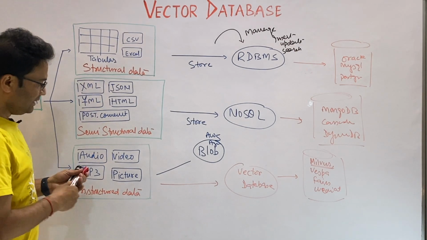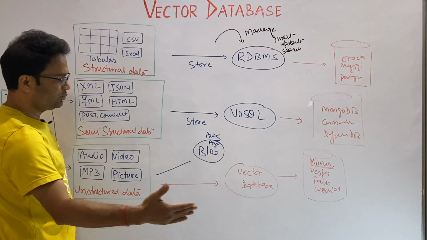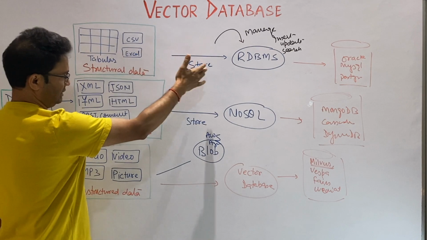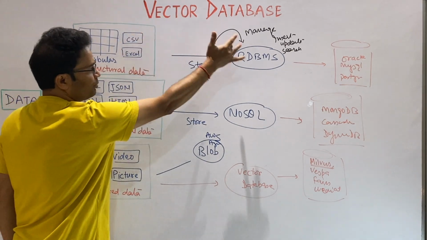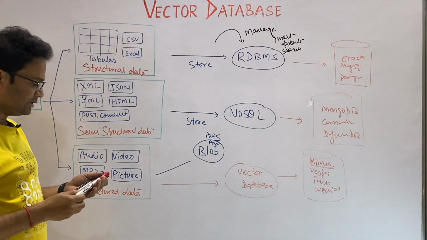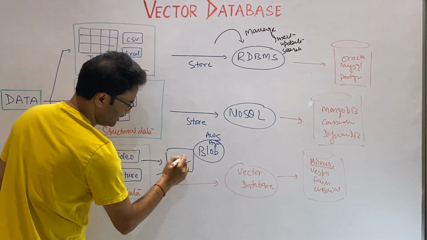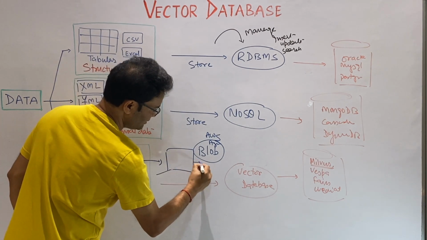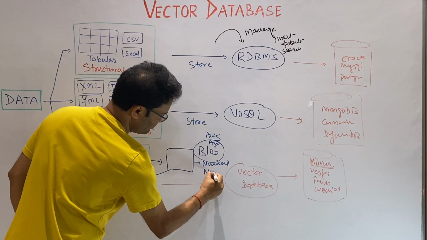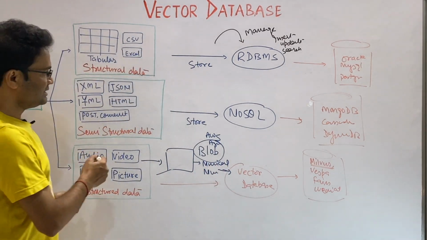So one extra step is required to use a vector database. In MySQL, in the RDBMS, we directly copy the data into the database. But here you have to take one more step: take this data, do some transformation, make it into a numerical format, and then put it into the vector database. So this is the pipeline.